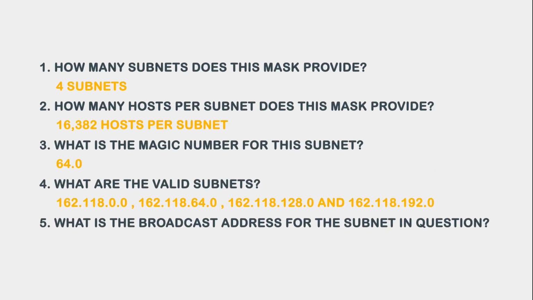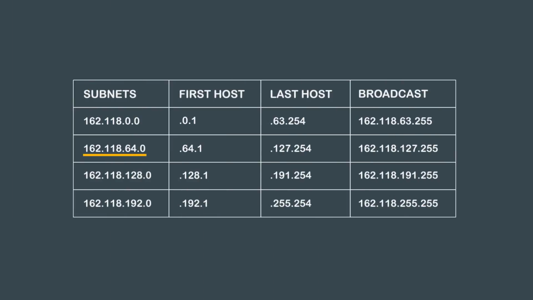Question 5 asks, what is the broadcast address for the subnet in question? If we look at the 162.118.64.0 subnet from our chart, all the hosts are between 162.118.64.1 and 162.118.127.254.